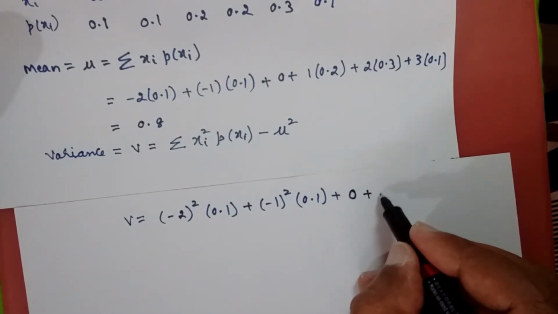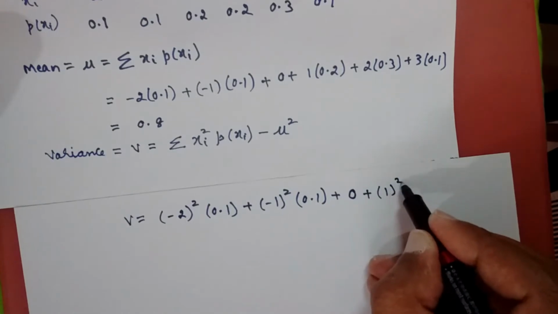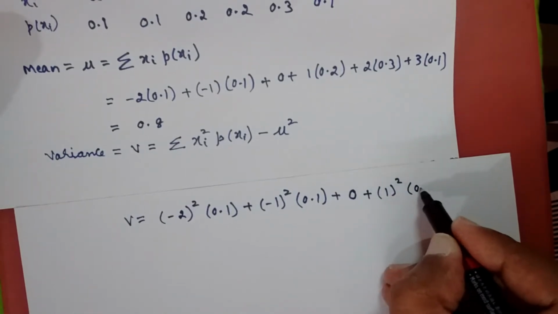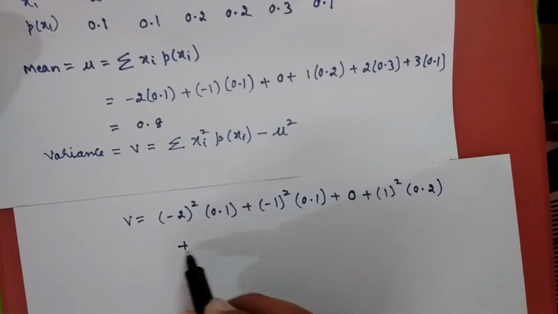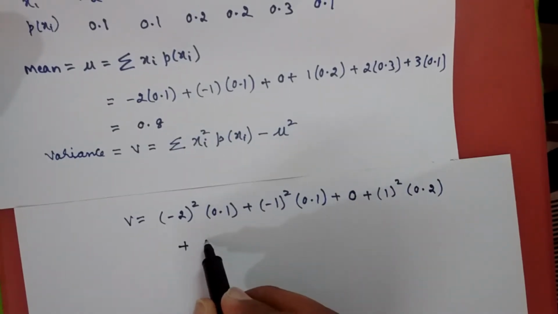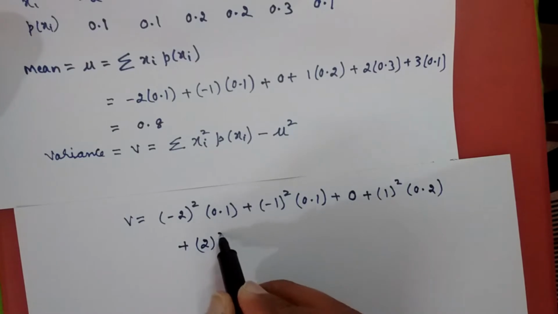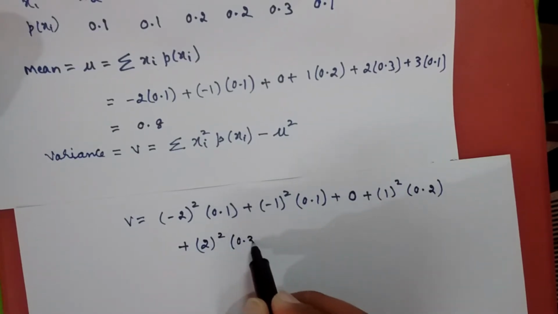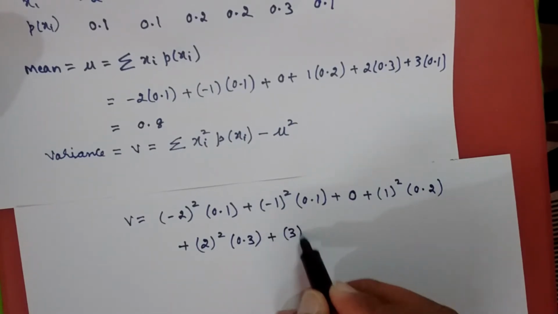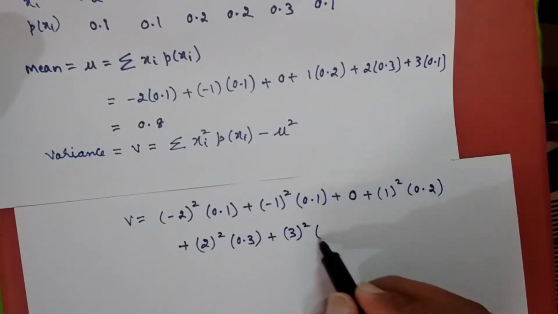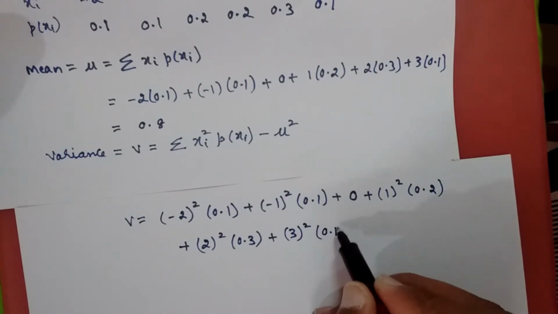The next value of x is 1, so 1 square into p of x value 0.2. The next value of x is 2, so 2 square into 0.3. The next is 3 square into p of x value 0.1.